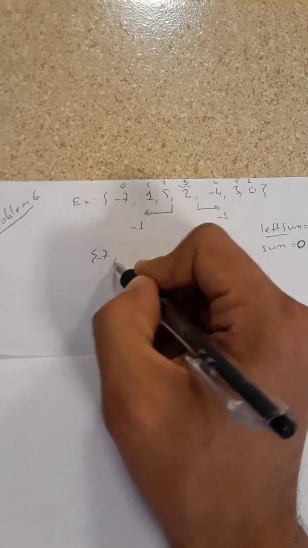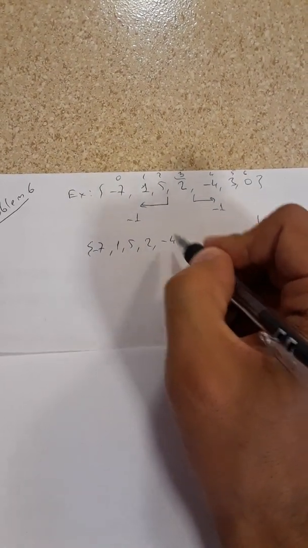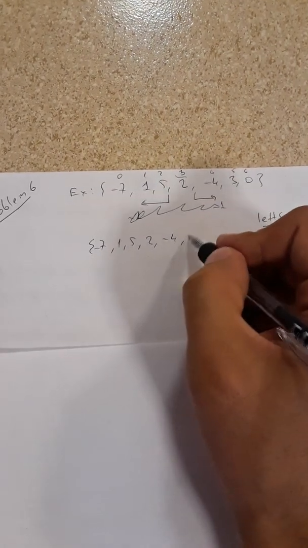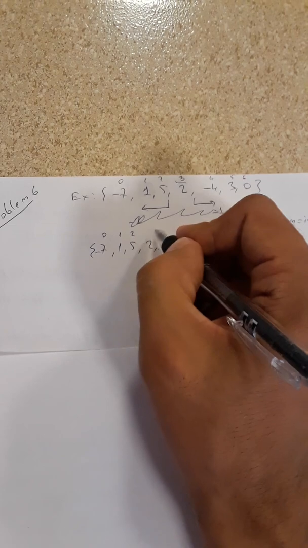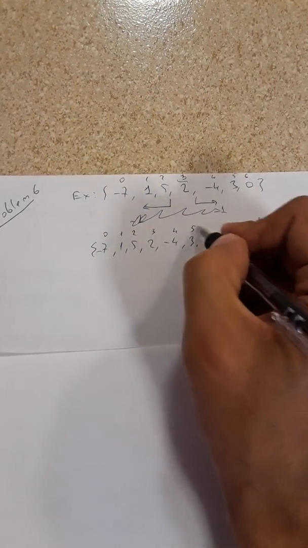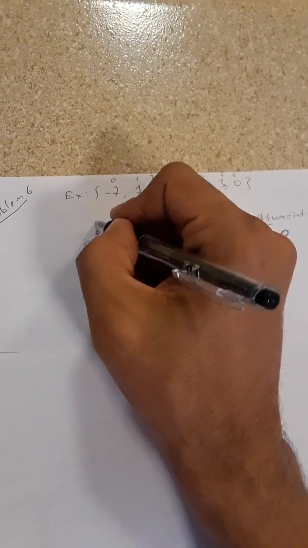let's just write down all the numbers again. So here are the index values. After that, we go to the first element at index 0.